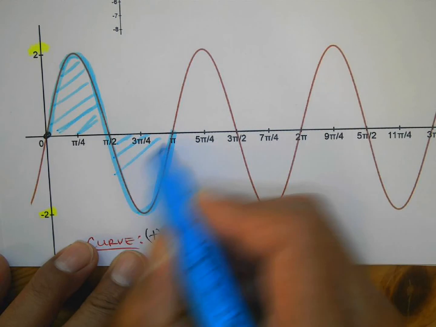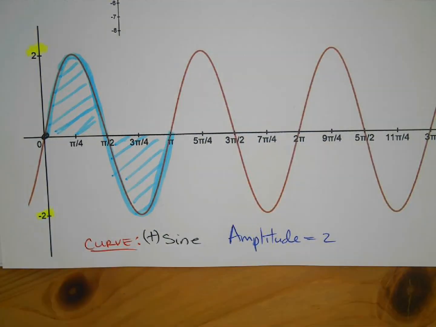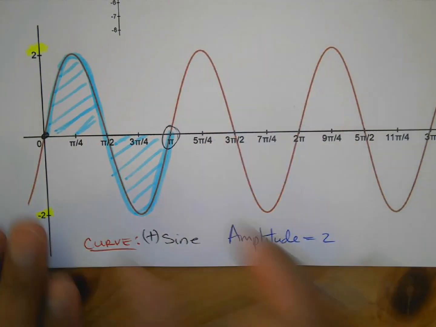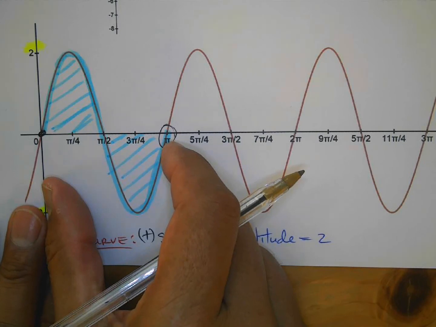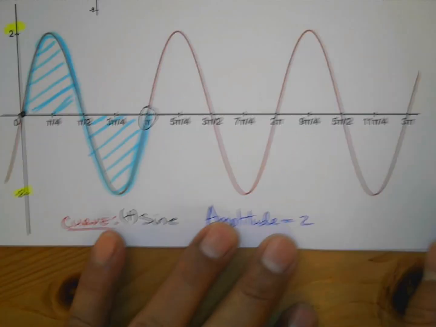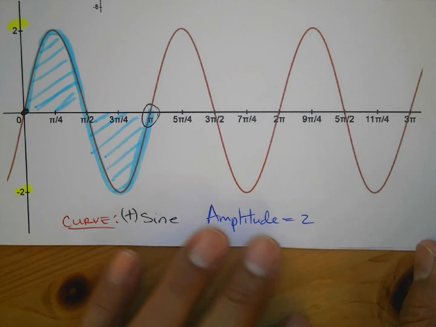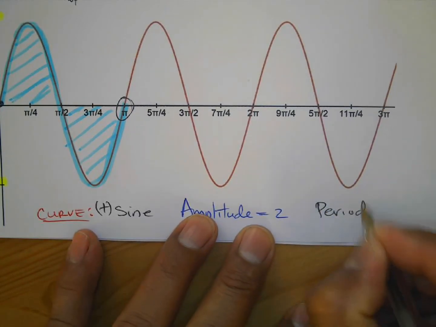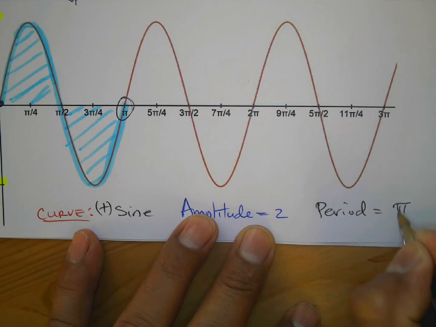Here's my bottom half. So what's the period for this one? Well, the period is pi. That's how long it takes to complete a cycle. And that's what you have to be able to read off these graphs. That's it, very simple, okay? This one, the period is pi.